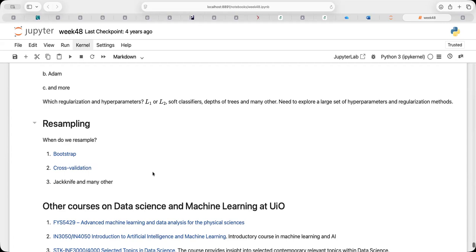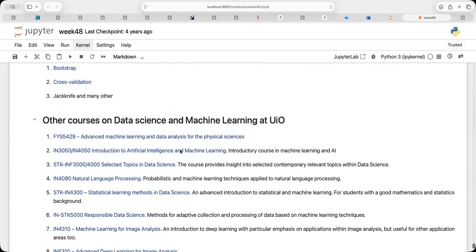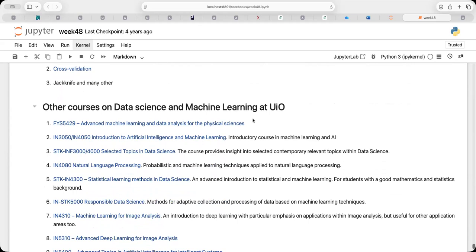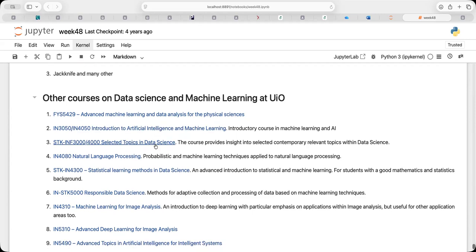So hopefully we have given you the tools to see that. And then we have lots of courses which bring in more advanced models and algorithms. I just wanted to list some of them in case you're interested. We have one on advanced machine learning and data analysis. This focuses on generative methods like Boltzmann machines, variational autoencoders, diffusion models, and reinforcement learning. We have this course, which many of you probably have taken if you have a bachelor degree from computer science or informatics.